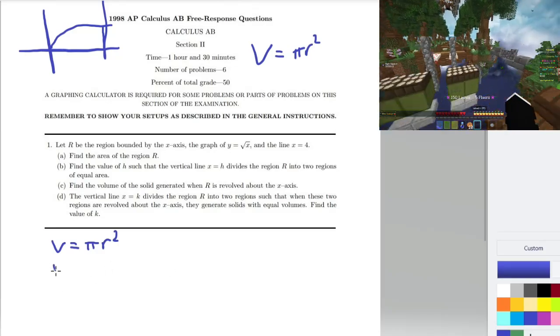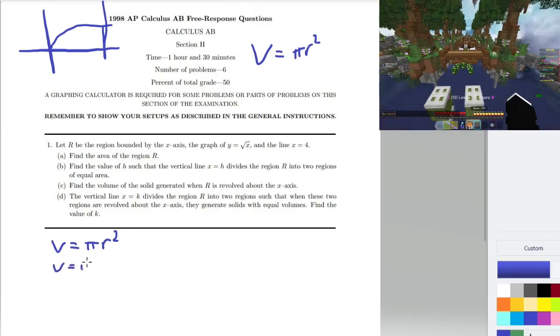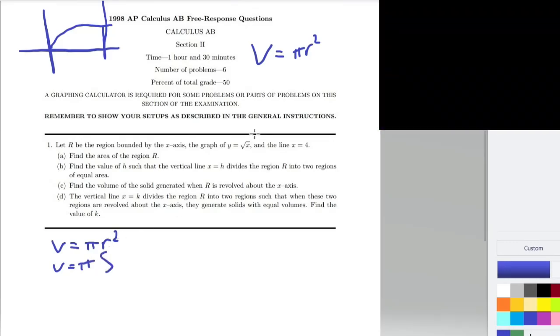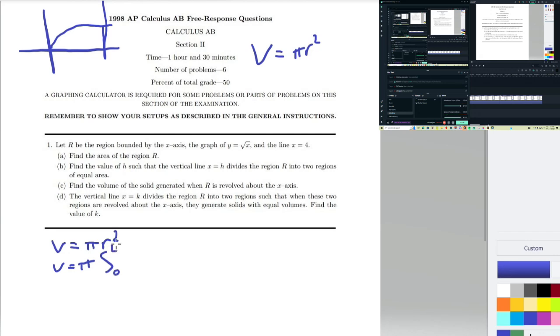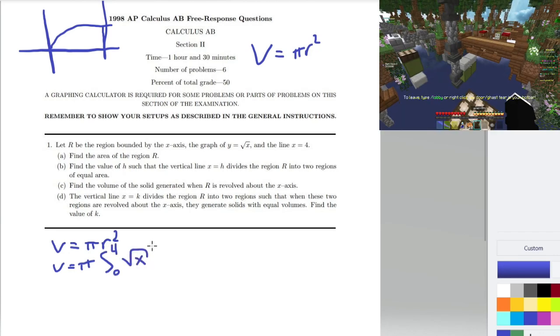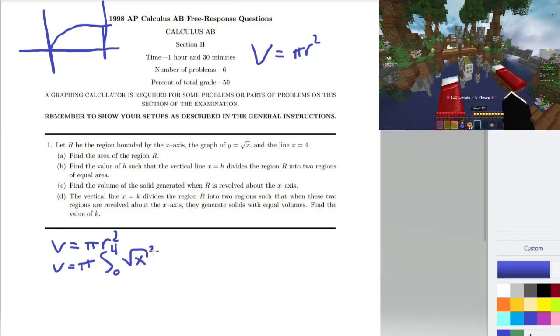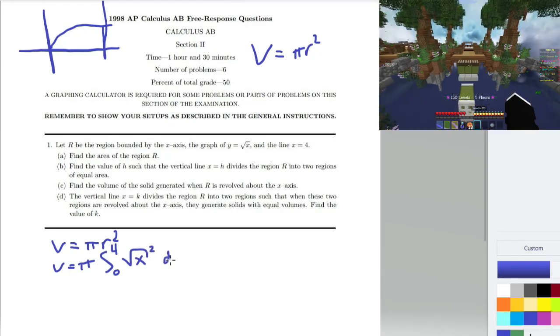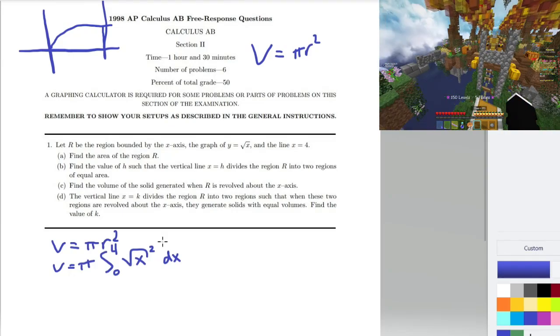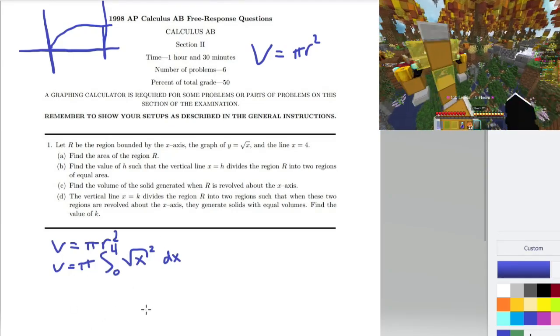So we're going to have V equals pi, or the function r is in there, so integral of 0 to 4 of square root of x is squared here dx, and basically we just evaluate now.